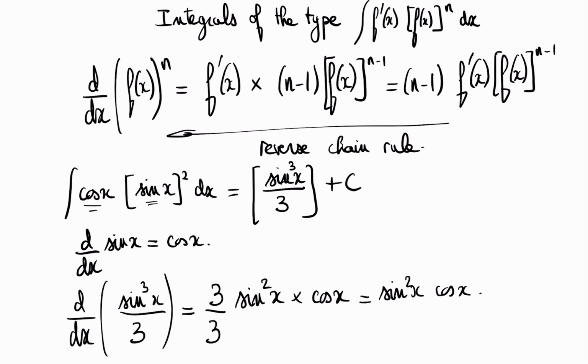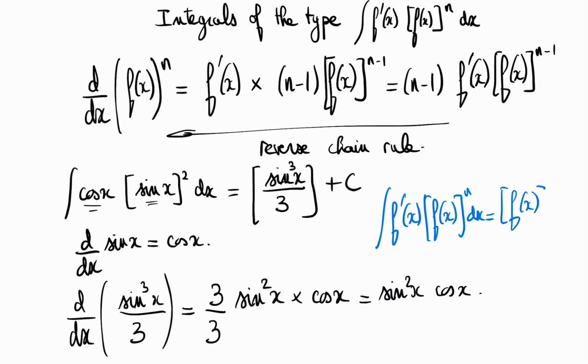So more generally, the primitive of f prime of x times f of x to the power n dx is going to be f of x to the power n plus 1 over n plus 1, plus c.